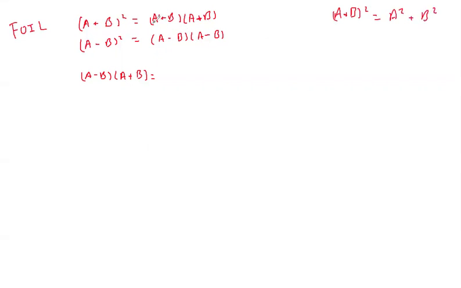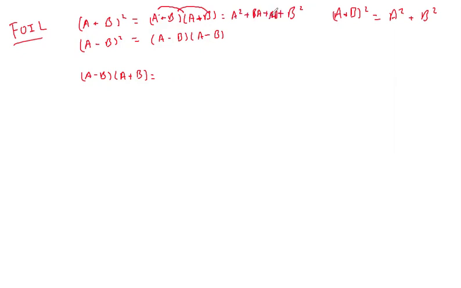But you see, when we use that FOIL method and actually work these out, yes, I do get a squared, and I do get b squared. But I also get this middle term, b times a, which is ba, and then I get a times b, which is ab.